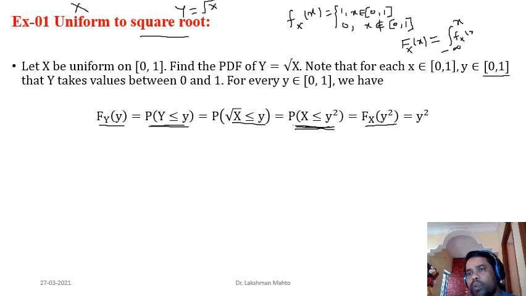So this integral will be simplified to just an integral over the interval 0 to x. So you can convert this into an integral from 0 to x of what is the PDF in that interval?